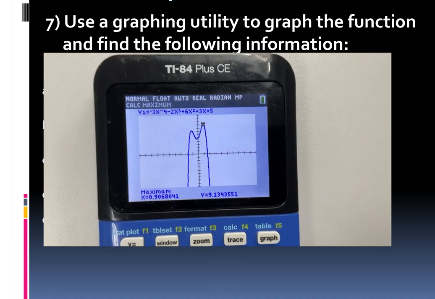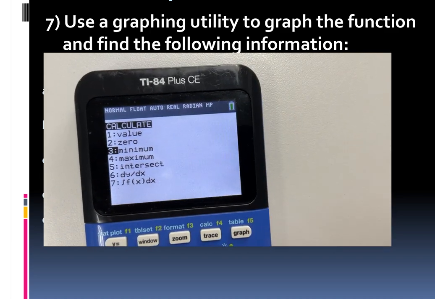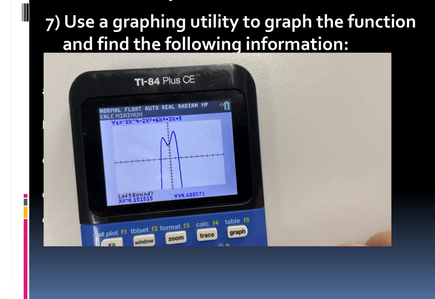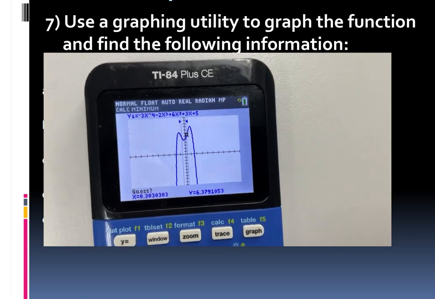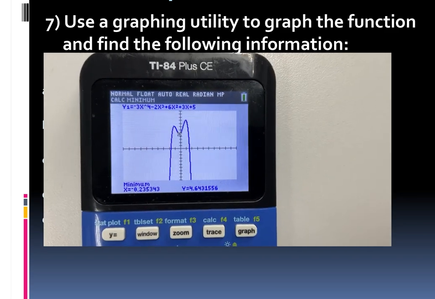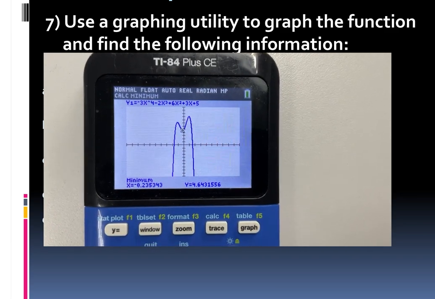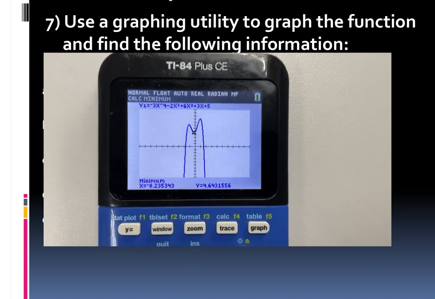And yes, if you round wrong, you're going to lose points, so you want to be careful. And then the minimum, negative 0.235 and 4.643.